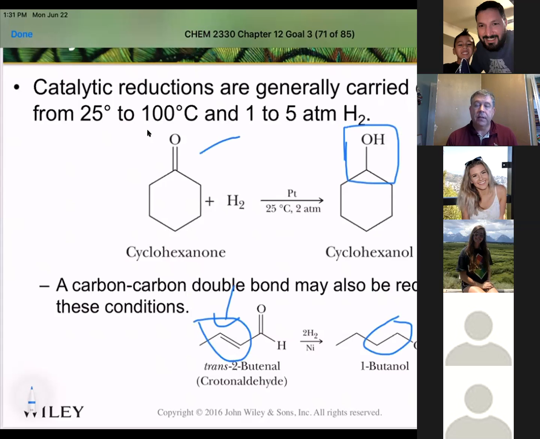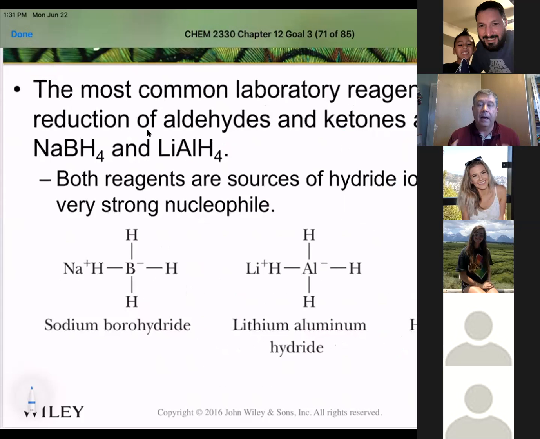Because this hydrogenation reaction right here with platinum and metals will add across any double bond, we need to find a special reagent that only adds across the carbon-oxygen double bond. We actually have that reagent here. That reagent is what we call metal hydrides.